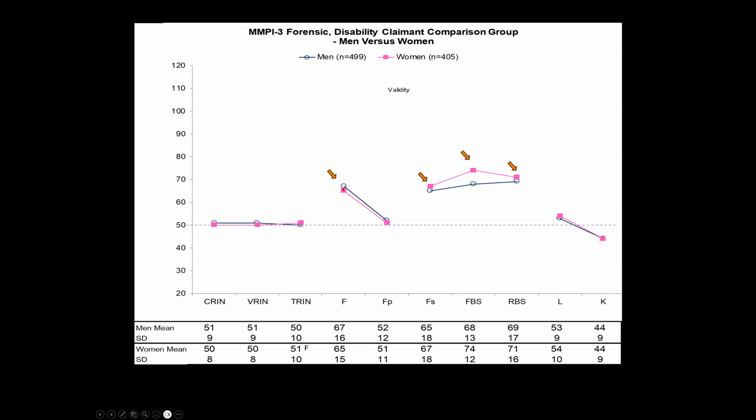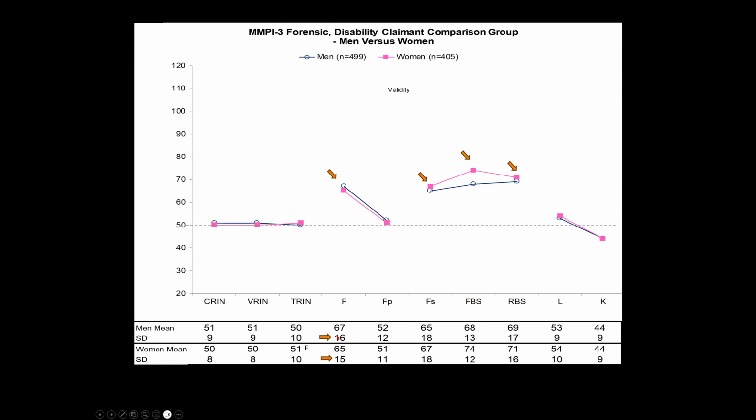So that, to some extent, can account for their elevations on the over-reporting scales, as might a proclivity to exaggerate or over-report symptoms, and we need to follow the standard interpretive guidelines for identifying different levels of elevation on the over-reporting scales. Scores that fall quite a bit higher than what we see here for the means would be indicative of actual over-reporting rather than more likely reflecting some genuine psychological dysfunction.